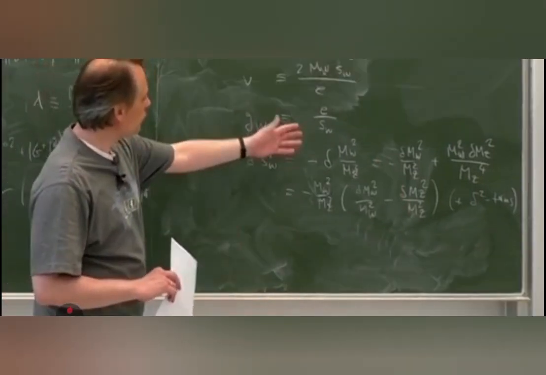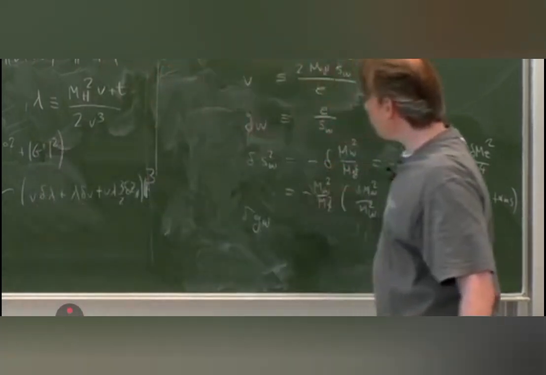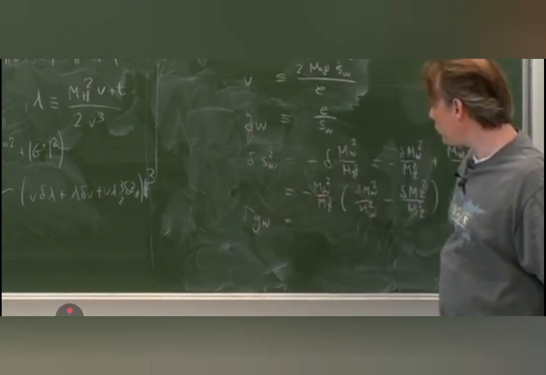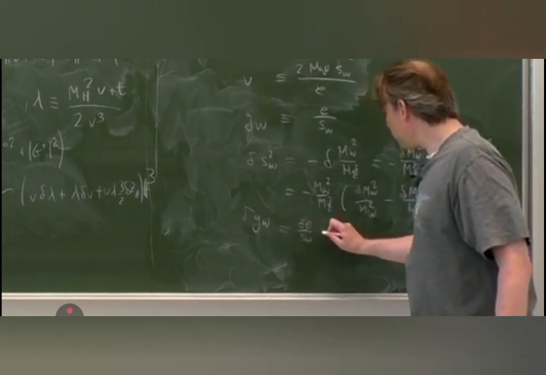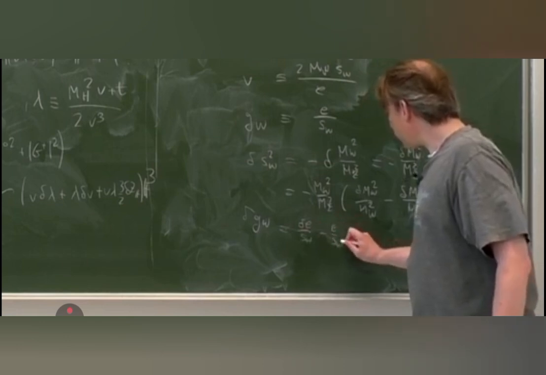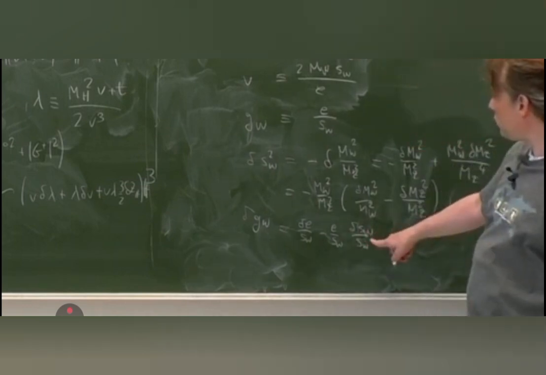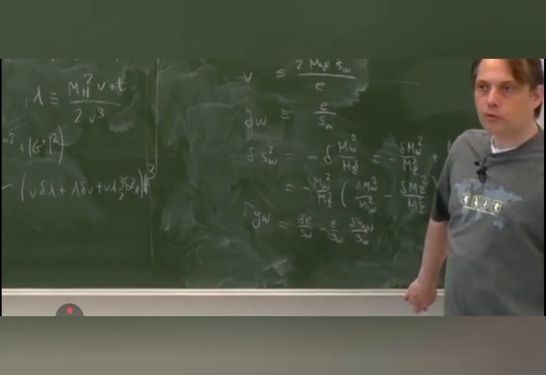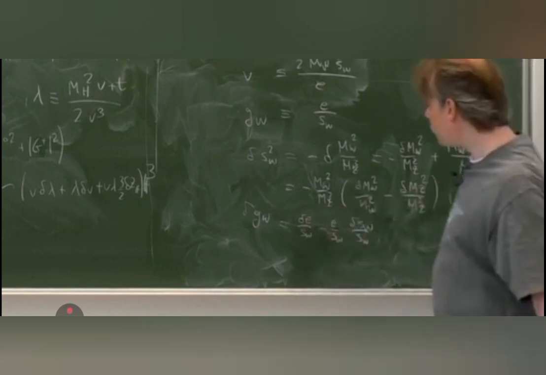For example, if you happen to have the weak gauge coupling GW entering somewhere, then it might be simply useful to write down the variation of this, which would be delta E divided by SW minus E divided by SW times delta SW divided by SW, and then delta SW is that. And then you know how the gauge coupling GW transforms under our renormalization transformation that we have defined. And so those are all useful building blocks that you can make use of in practical calculations.